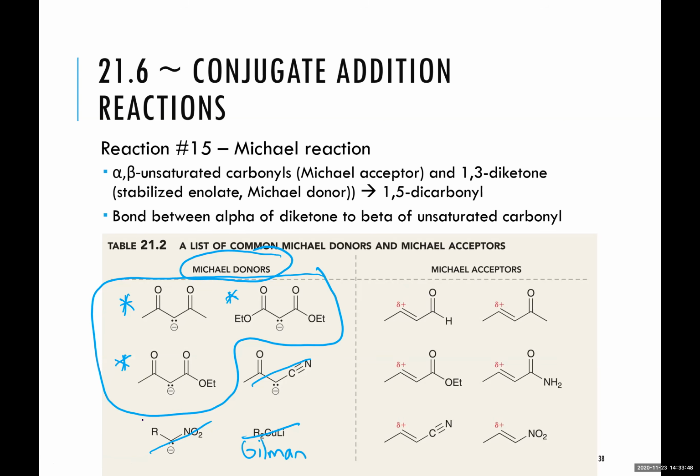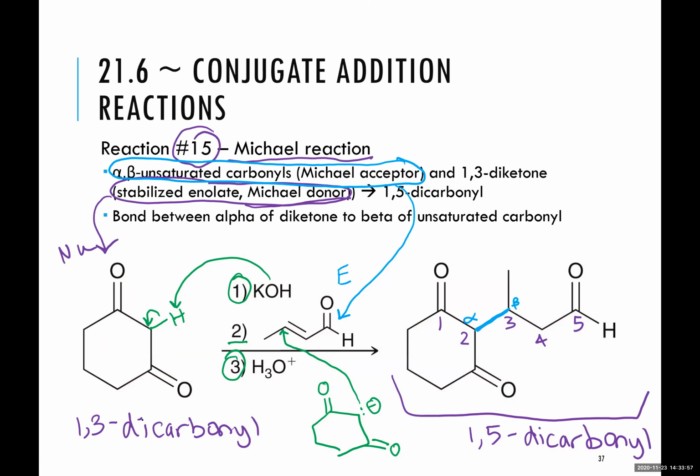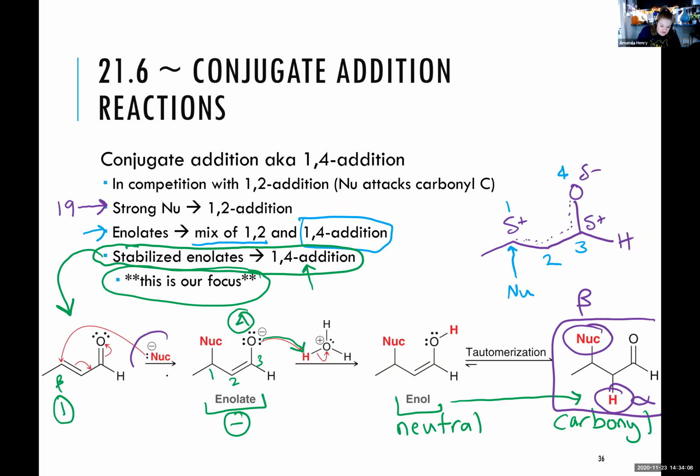Professor, I have a question. Yeah, go ahead. For the slide back one, what does the H3O plus do to the pi bond on step 2 again? Okay, I'm going to go back one more slide. This nucleophile is the alpha carbon of the 1,3 diketone.